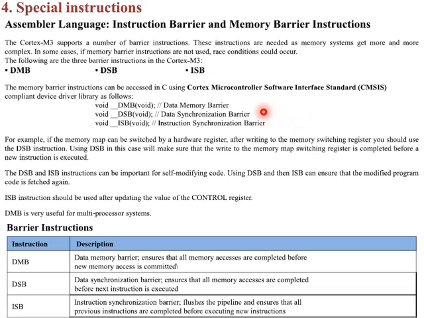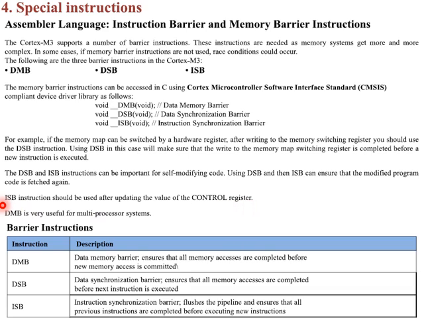The memory barrier instructions can also be accessed through C code, but you have to use the function void __DMB(void). This is for the DMB, and like that you can use the other two also. In general, these special instructions can also be monitored or controlled through the control register.